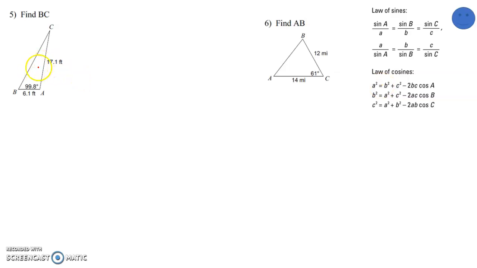So I want side A, so I'm going to say A squared equals B squared, 17.1 squared, plus C squared, which is 6.1 squared, minus 2 times 17.1 times 6.1.